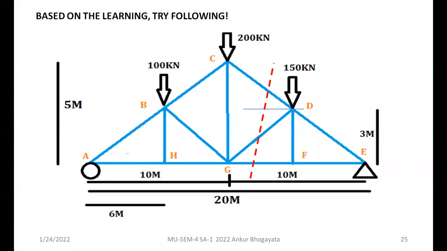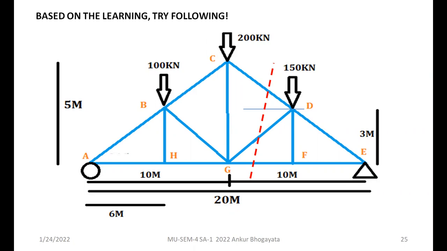We have already covered the method of joints, and we are on the second half of the method of section. So now I think you are all very well adjusted to this method. Let's take a second section in this truss.